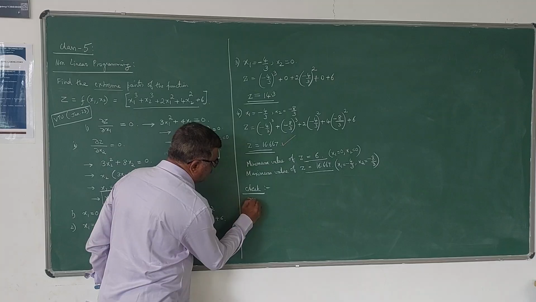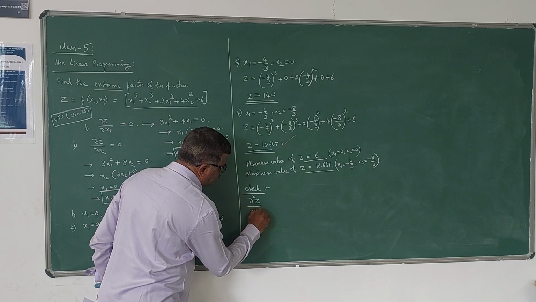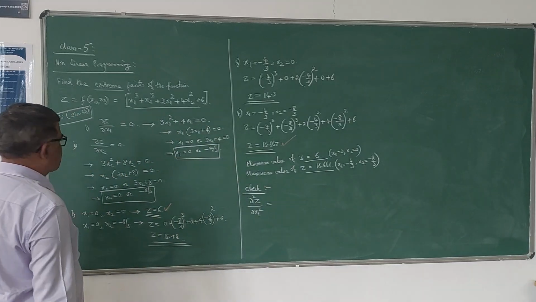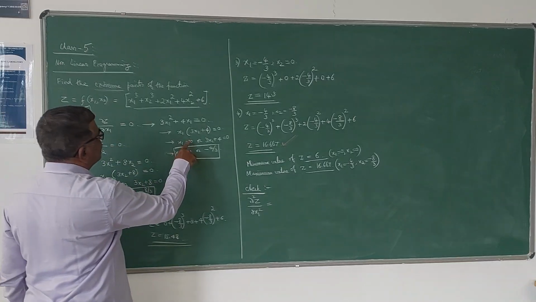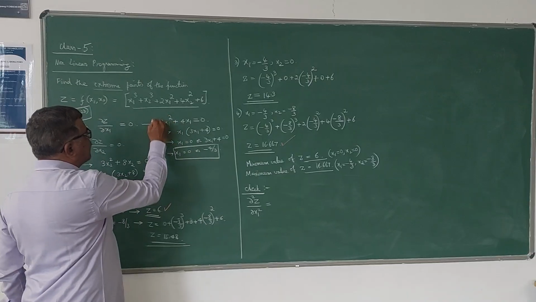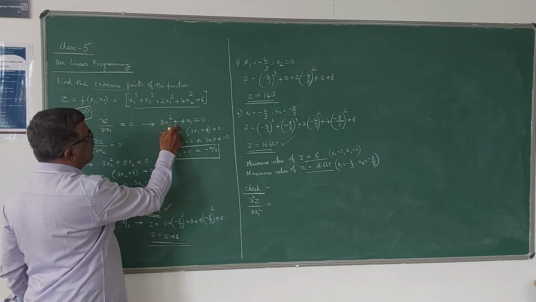For that we have to take the second derivative of z with respect to both x1 and x2. It is written as dou square z by dou x1 square. We have dou z by dou x1 as 3x1 square plus 4x1. Once again I have to differentiate this with respect to x1. You will get 6x1 plus 4.